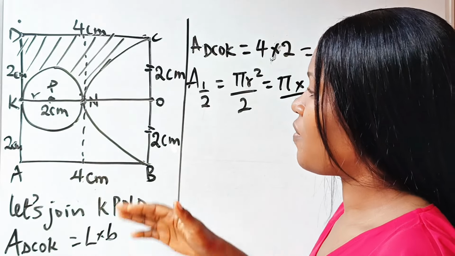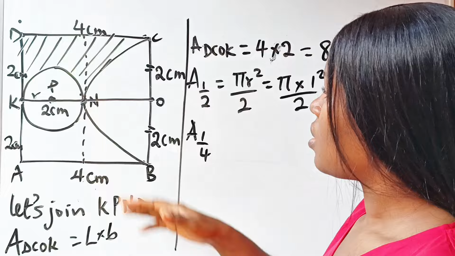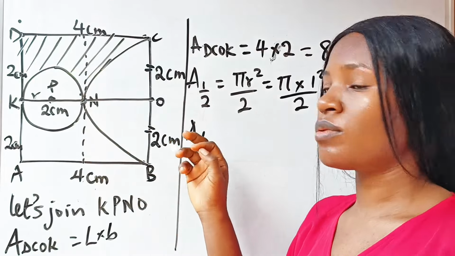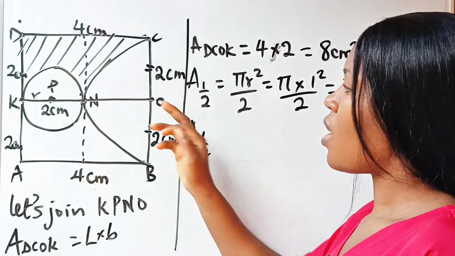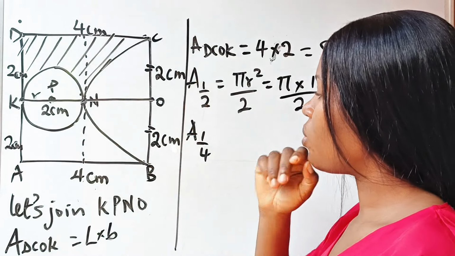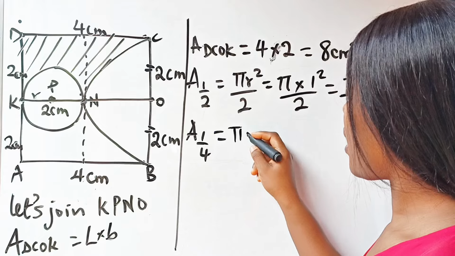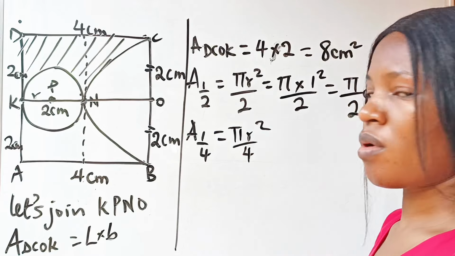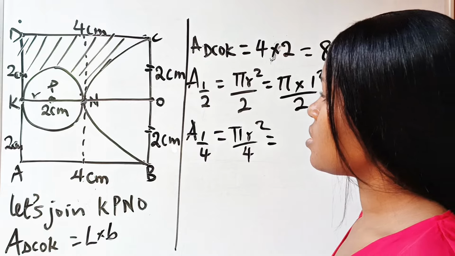Now, let's find area of the quarter circle. This is a semicircle, so half of it will be quarter of the circle. So area of the quarter of the circle will be equal to pi r squared over 4. Okay, so let's talk about the radius.